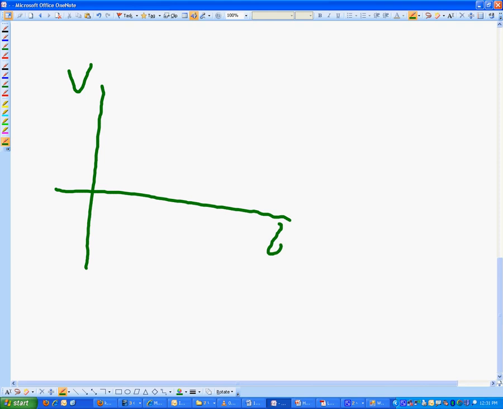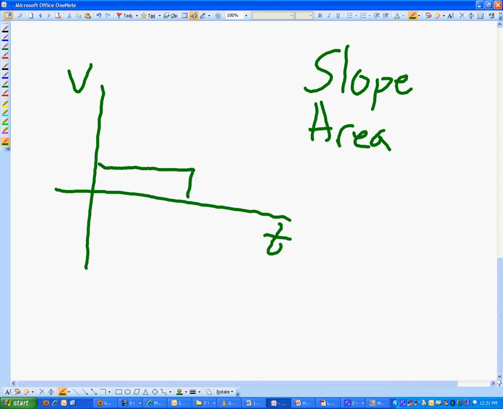Besides slope, what else about a graph can I analyze? There are two things of a graph we'll analyze: the slope and the area. So this is kind of like number 8 now.